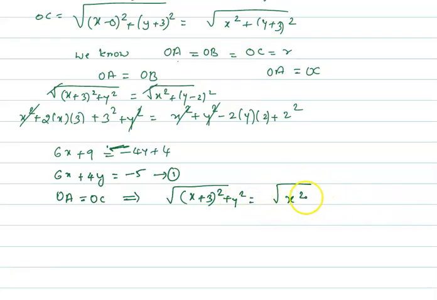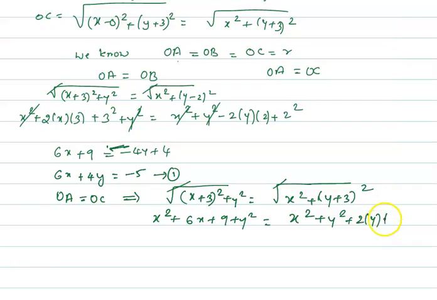You can see there, x square y plus 3 whole square. And simplifying this, again square root gets cancelled. We are going to get x square, same thing there. So plus 6x plus 9 plus y square, already simplified in the above equation. Here we will get x square y square 2 into y into 3 plus 3 square.